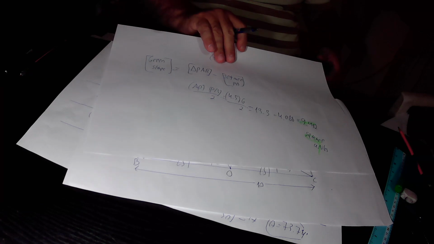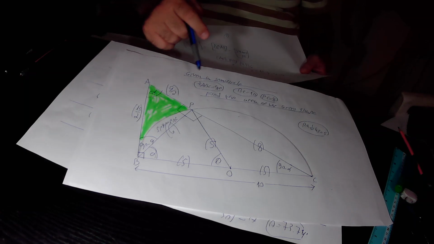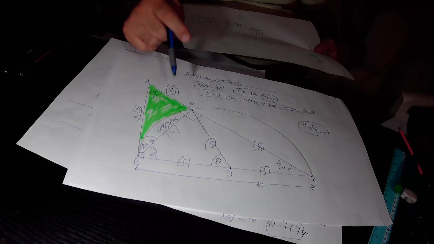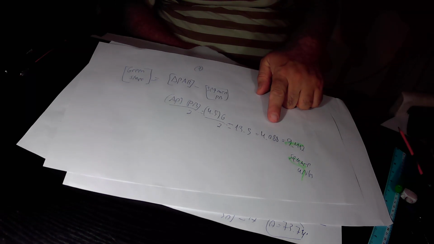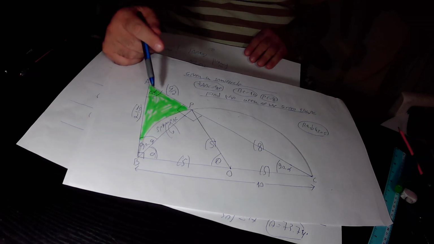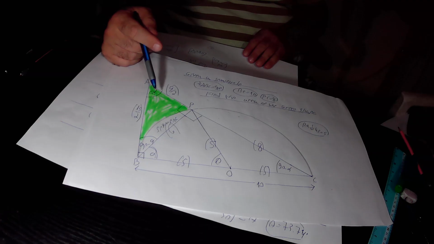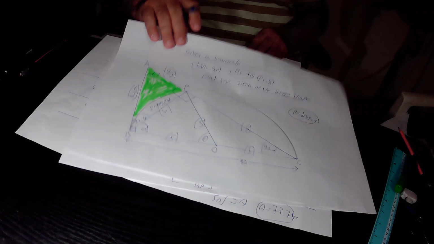So in total, the area of this triangle APB is 13.5 square units, minus the area of this segment BP. We already found that the area of segment BP is equal to 4.088 square units. So 13.5 minus 4.088 is 9.412 square units. So in total, we found that the area of the green shape is equal to 9.412 square units.